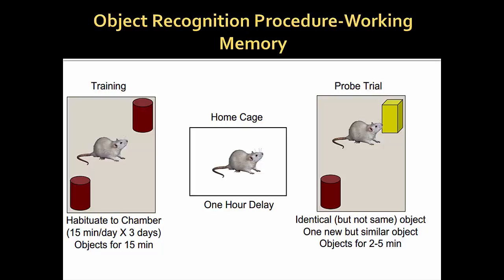And then we analyze the time they spent investigating the new object. We use this more as our attention disorder paradigm, because I also work with secondhand tobacco smoke effects in neurodevelopment. And so we use this one more so to assess if the animals can understand that they have a new object within their environment.